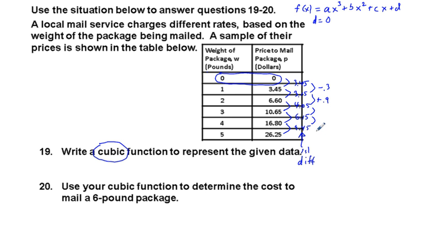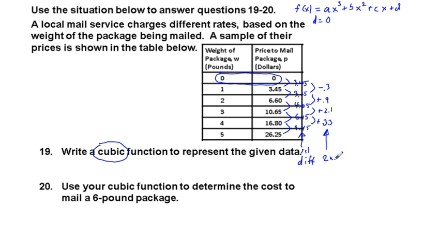Next, if we take 6.15 minus 4.05, we're going to get plus 2.1. And the last one we're going to look at here is 9.45 minus 6.15, which is going to be plus 3.3. And these will be our second differences.